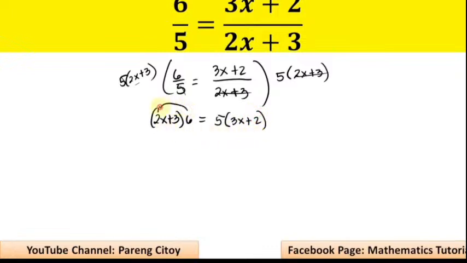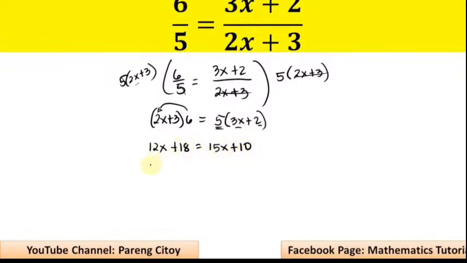Then, simplify, distribute first. So 6 times 2x, that is 12x. 3 times 6, that is 18, equals 5 times 3x, that is 15x. 5 times 2, that is positive 10.